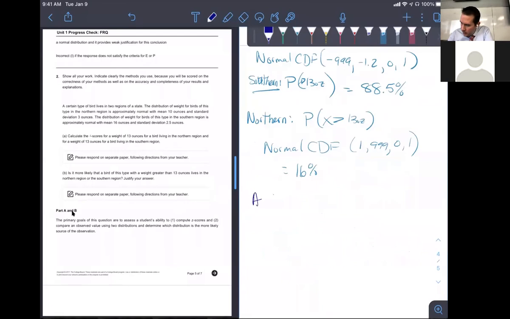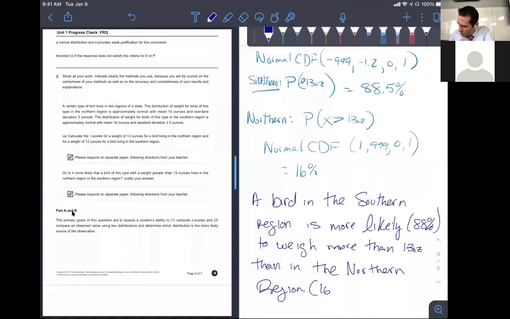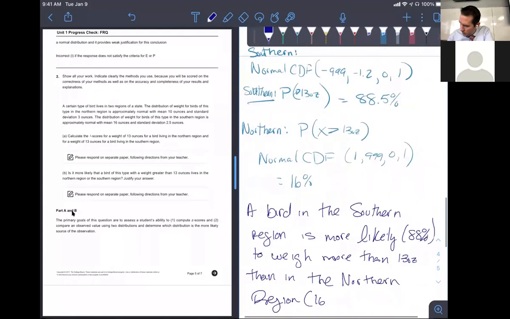A bird in the southern region is more likely, 88%, to weigh more than 13 ounces than in the northern region, which is about what do we say? 16%? Yeah.